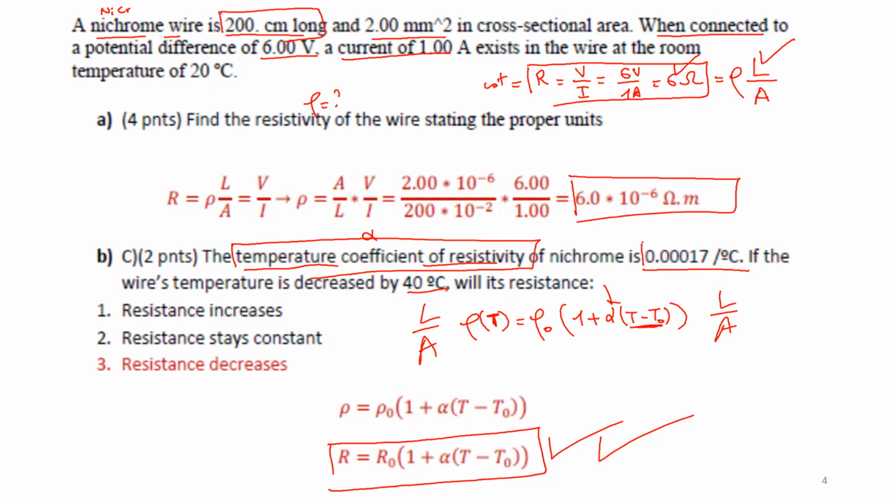And yet, of course, it's a number divided by Kelvin or Kelvin degree or Celsius degree, okay, which is the difference of temperature. Because it's a difference of temperature, it doesn't matter if that delta T in Kelvin is delta T in degrees Celsius. So of course, if delta T is negative, the resistance will decrease, okay? Good.